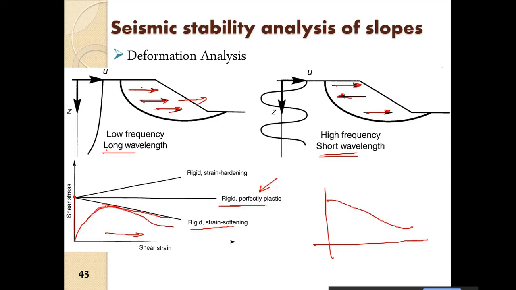And of course, in some cases there may be strain hardening as well, where there is dilation in the soil and there is negative pore pressure generation. So in that case there may be strain hardening as well when there is a dense soil. So we have to take into consideration all of that.